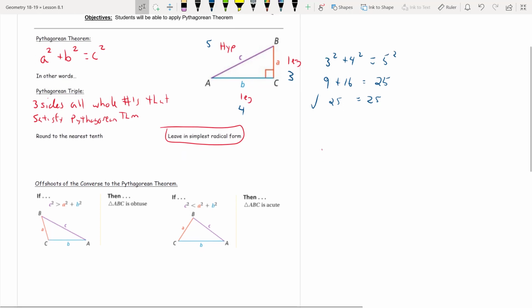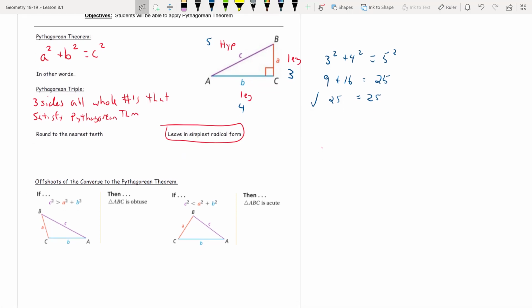One thing that shoots off of this, one thing that we can use that's a little bit newer, is if I use Pythagorean theorem, if I'm given three side lengths, let's just say I'm given 4, 7, and 10. That makes up a triangle, and I want to know whether the triangle is acute, right, or obtuse. They haven't given us any angles, but we can use Pythagorean theorem to know the correct answer of acute, right, or obtuse.